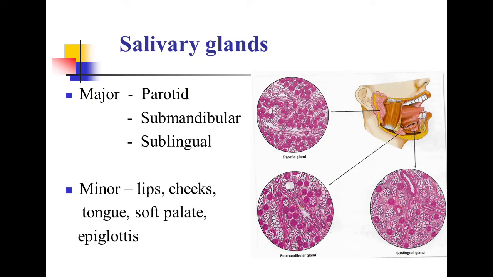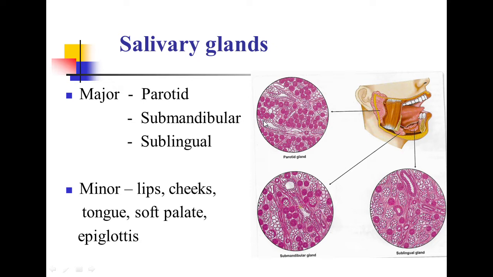So salivary glands are the accessory glands of secretion and they pour their secretion into the oral cavity. There are three major salivary glands, that is the parotid gland, submandibular gland and sublingual gland. Now, parotid gland is a serous salivary gland, submandibular gland is a mixed salivary gland, and sublingual gland is a mucous salivary gland.